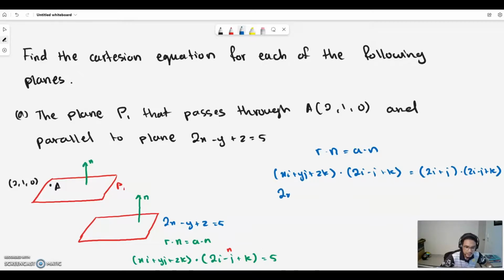And now we have 2x minus y plus z, and that will be equal to 3. So that is the Cartesian equation for plane P1.